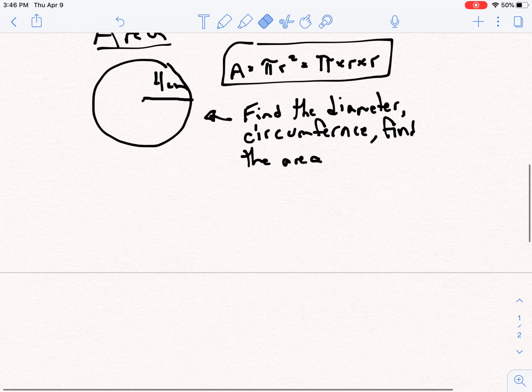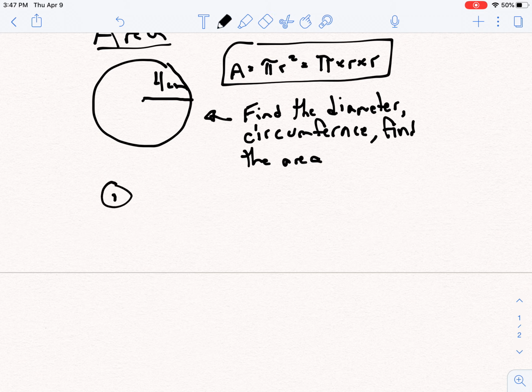So I have a circle with a 4. I'm going to start, first off, with something you guys could probably do too. We know my radius is equal to 4 centimeters because I have a dot running from the center to the outskirts, and that was 4 centimeters.